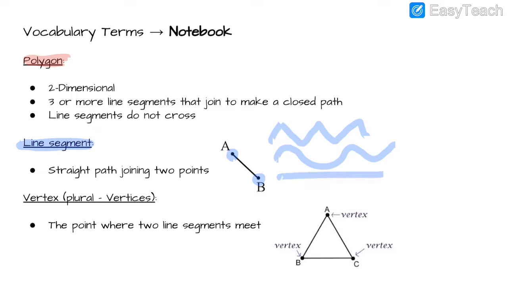It's a straight line from point A to point B. Okay, so that's a line segment, a straight line going from point A to point B.